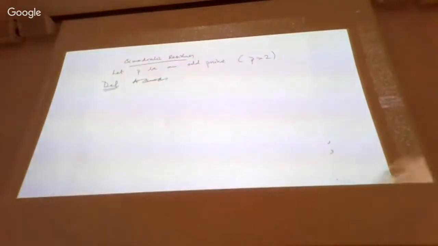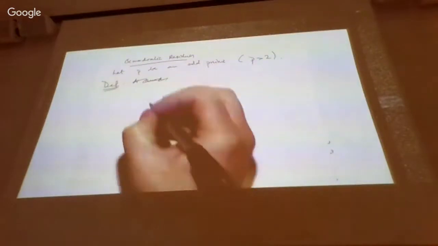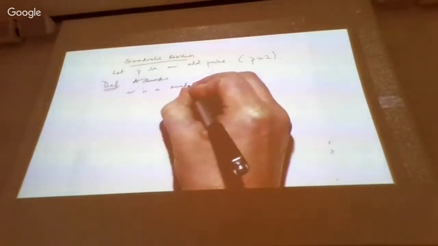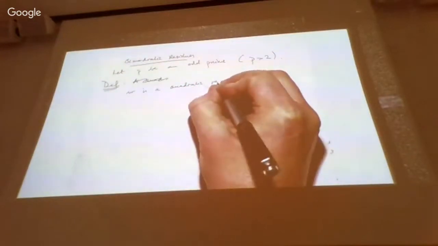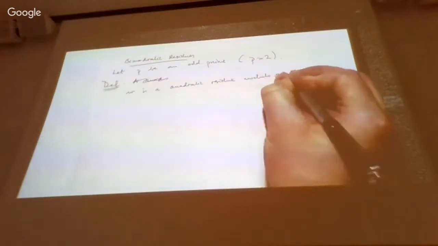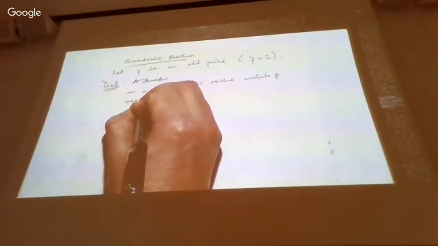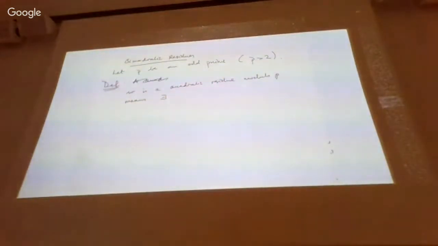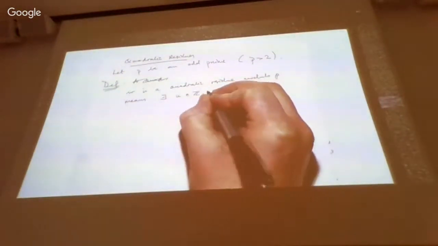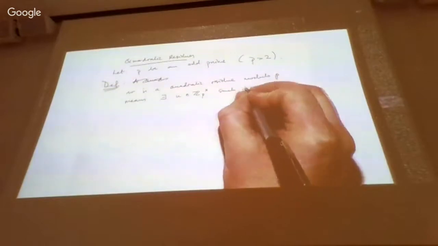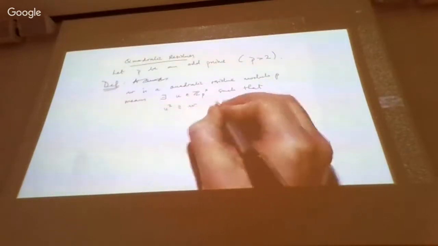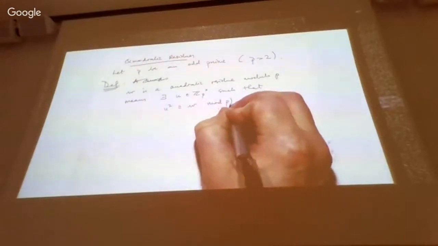W is a quadratic residue modulo p if there exists another congruence class u in Z_p such that u squared is congruent to w modulo p.